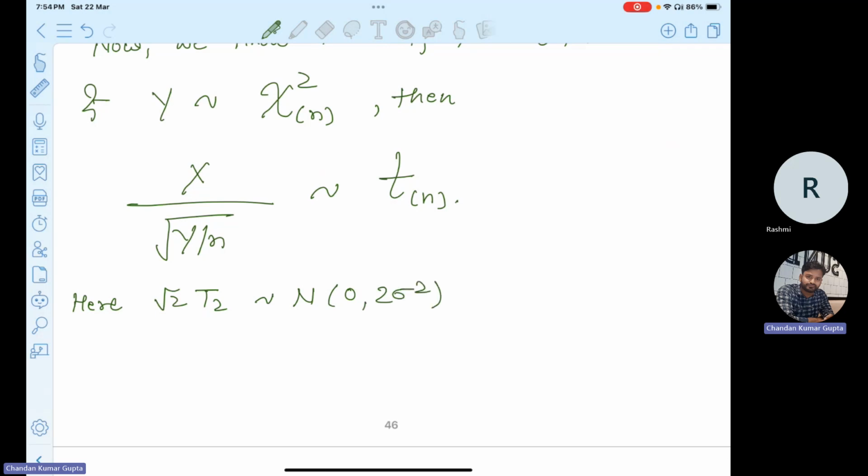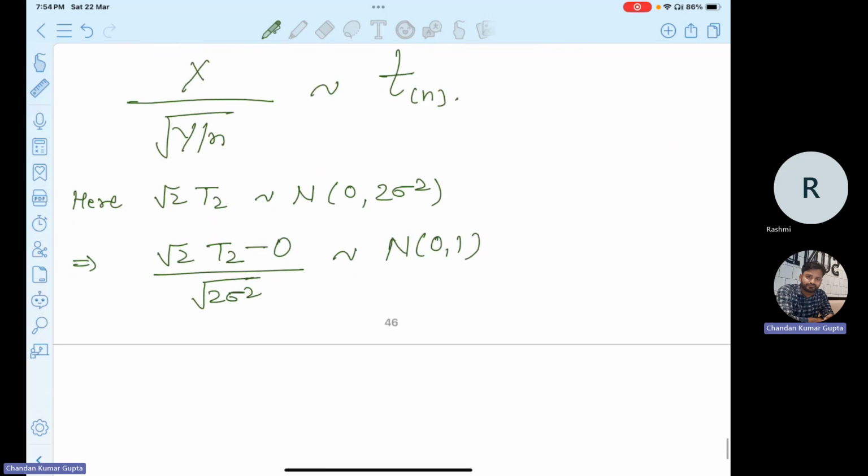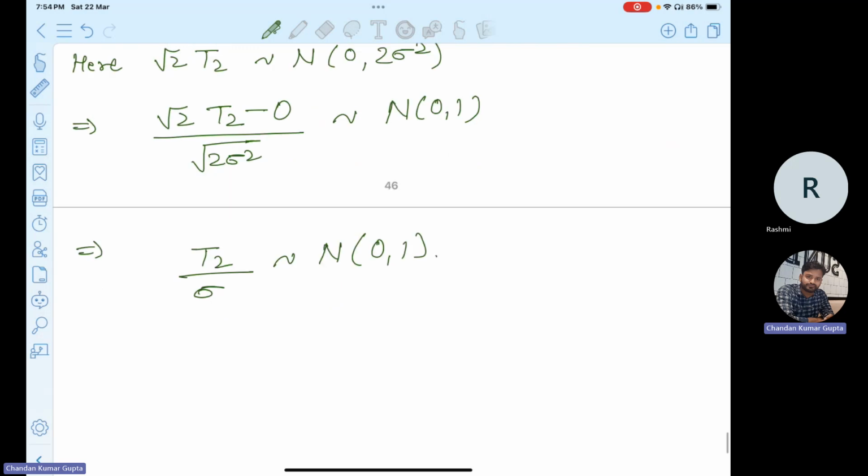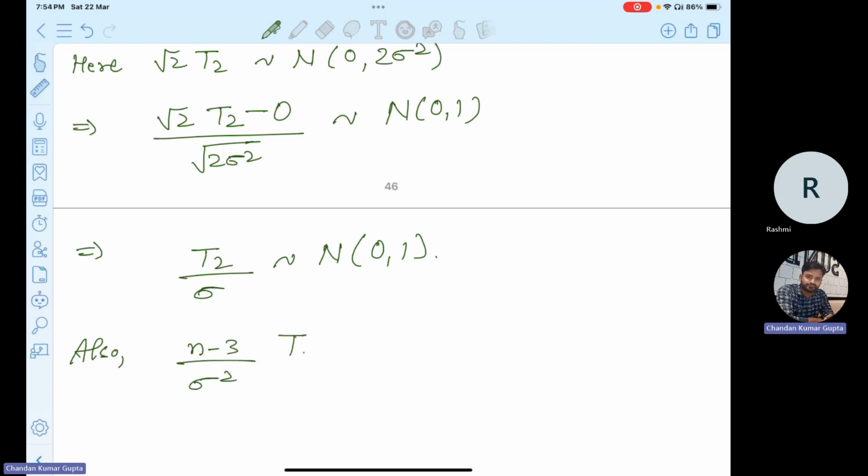Let's standardize this: root 2 T2 minus 0, divided by root 2 sigma square, follows normal with parameters 0, 1. Simplifying, T2 divided by sigma follows the normal distribution with mean 0 and variance 1. So T2 by sigma follows a standard normal variate. Also, we have n minus 3 upon sigma square T1.